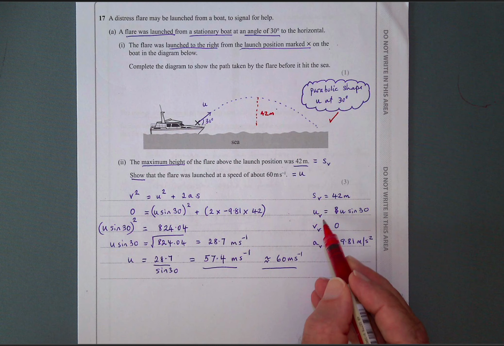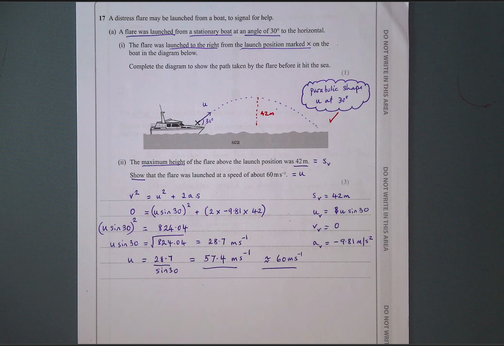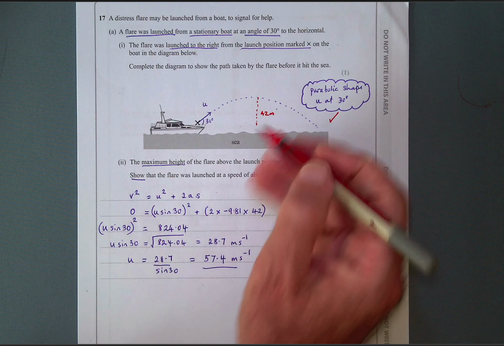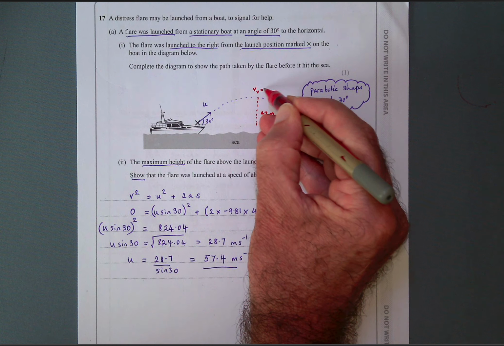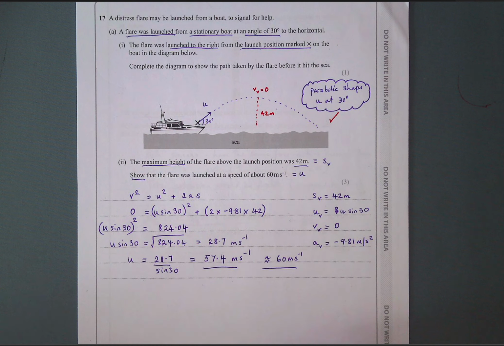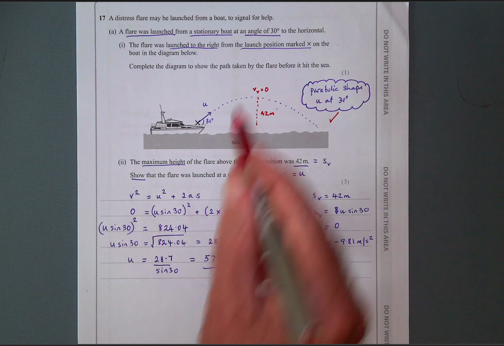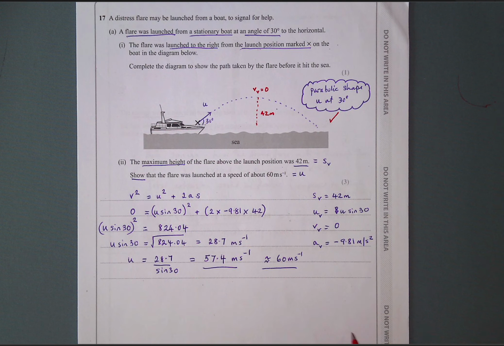I then put down everything we know. At that position, the vertical velocity, v vertically, will be 0 at that height, because up and down it's going to slow down to 0 and then fall back down due to the gravitational forces involved. So the vertical velocity final will be 0.